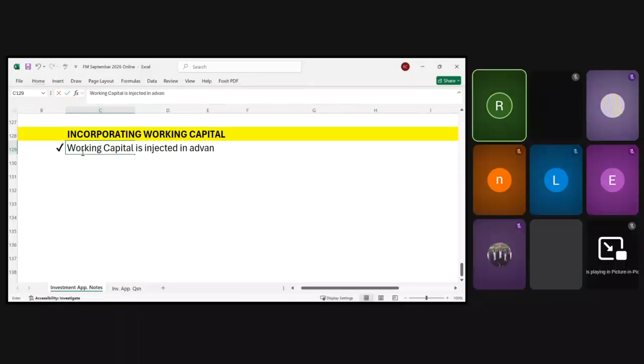So what does that mean? Advance, that is, i.e. year 0, and this is negative. To inject is negative, right? Negative cash flow. The initial amount is going to be invested in year 0. All right, that is the starting point.